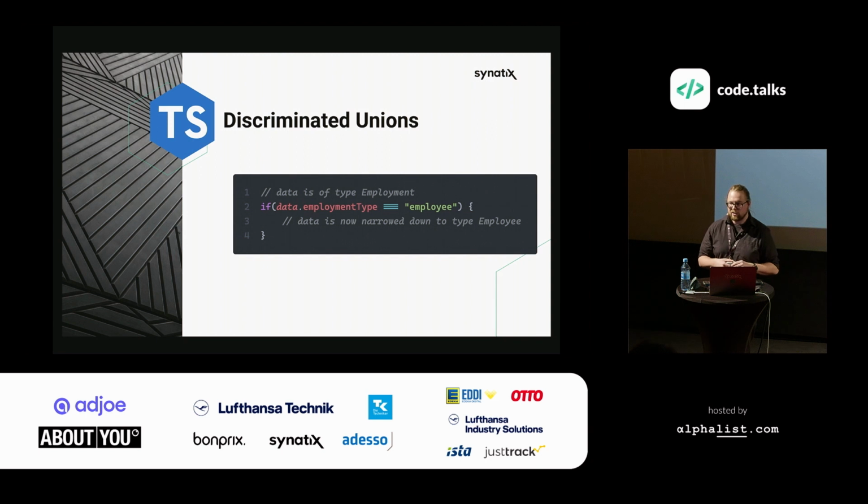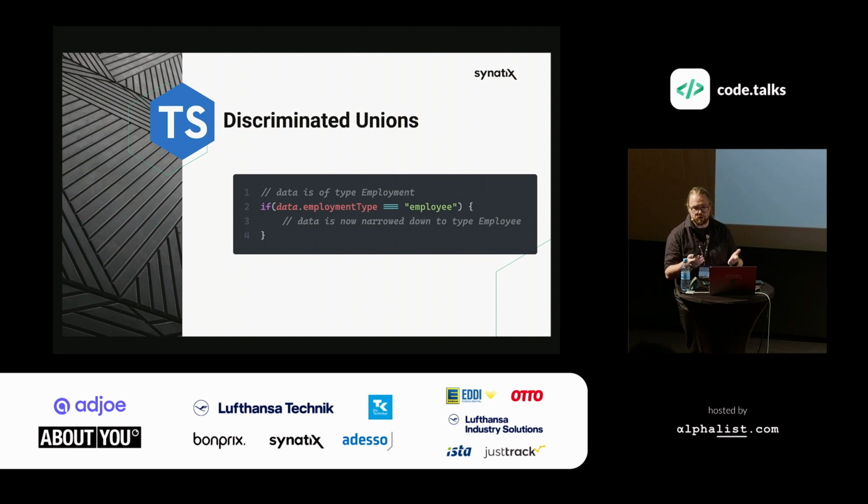So when we check in our IDE a data of type employment, and we check the employment type property and check if it's equal to employee, TypeScript can narrow down the type from employment to type employee and give us great autocompletion because it knows these properties will be on there. But we explicitly declared this type and didn't really make sure that the runtime structure is the same as the typeland structure, because it might not be true.